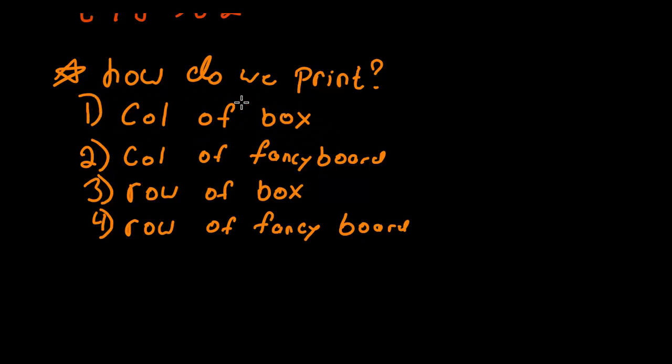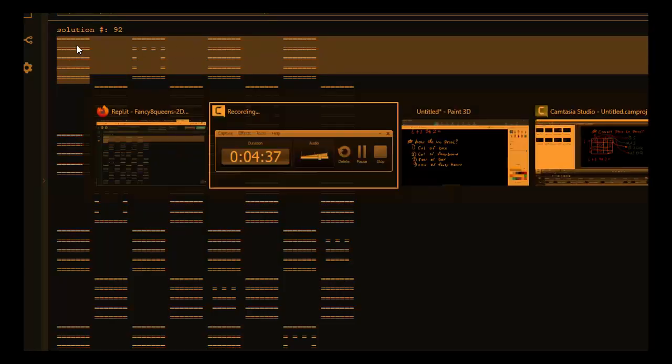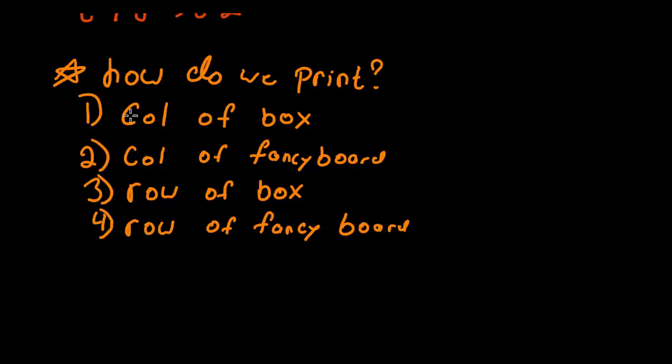We want to have this as the innermost of our nested for loops. So again, as we're going through this, we're going to have for loops. And the column of our box is going to be the innermost nested, then this one, so on and so forth.